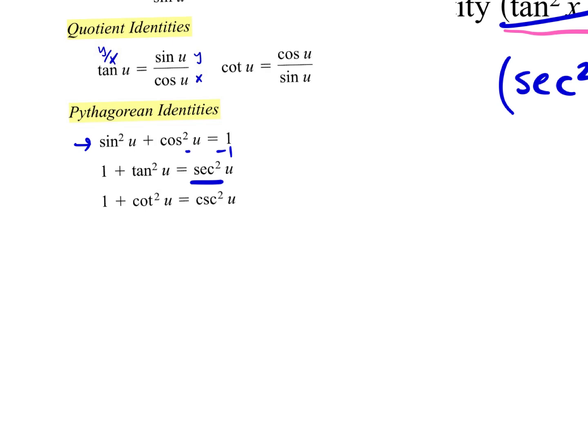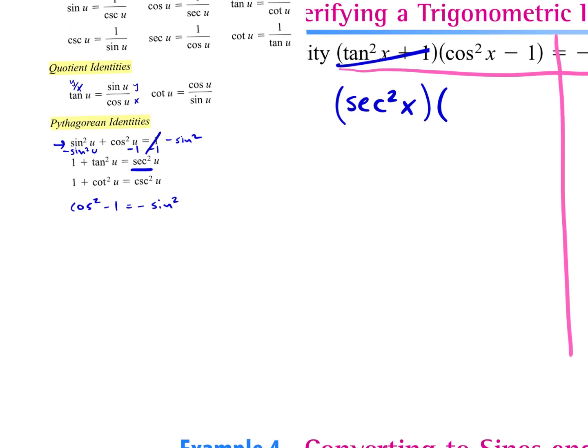I got to subtract 1 to move it to the left side and subtract sine squared. So we have cosine squared minus 1 is equal to negative sine squared. So what would cosine squared minus 1 get replaced with? Negative sine squared. Awesome.